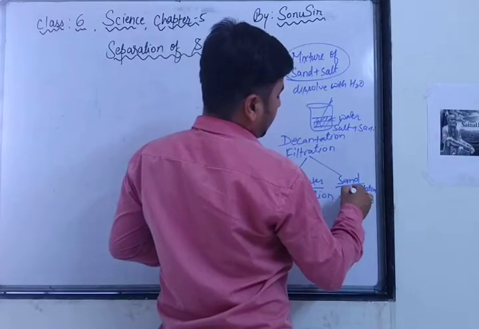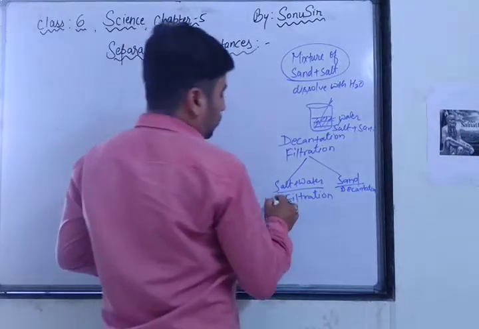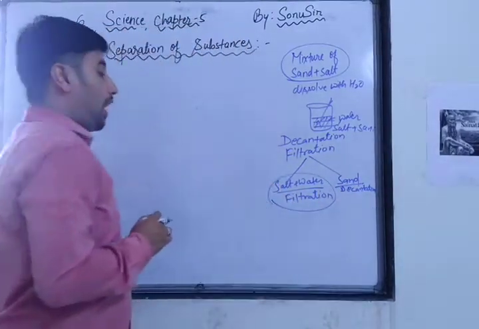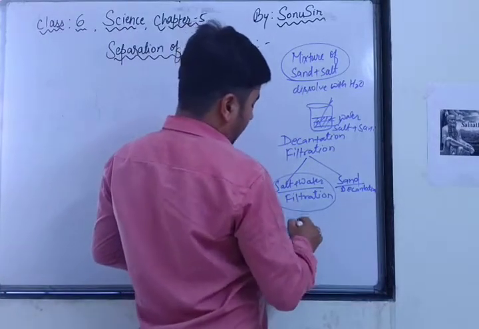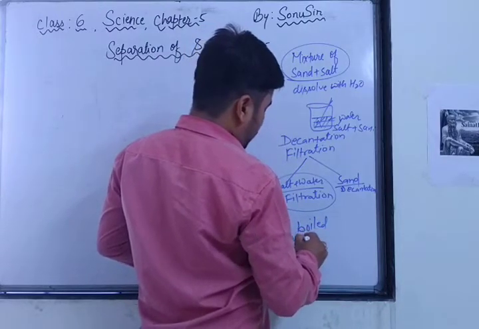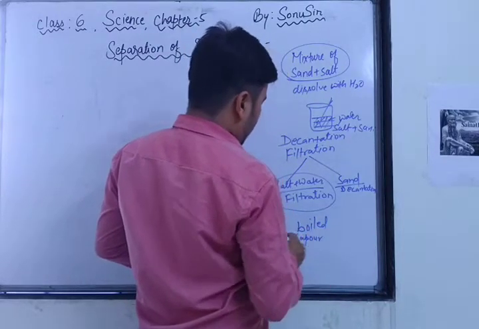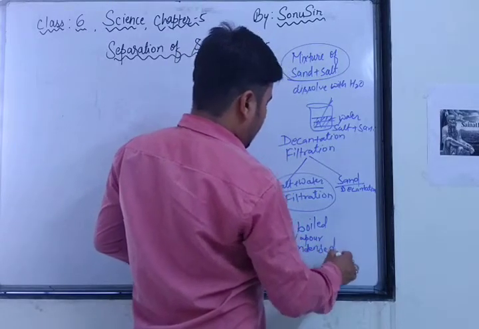Decantation. Got it? After doing both processes, now this salt and water you have taken in a kettle, and after that you have boiled it, and all the vapor which was blowing outside you have condensed.